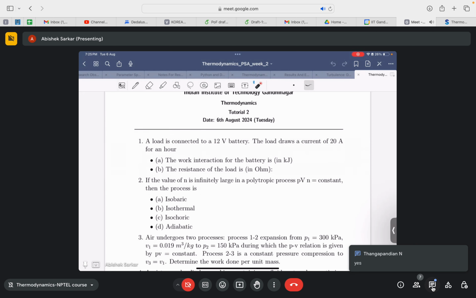It's very simple again. A load is connected to a 12-volt battery and the load draws a current of 20 amperes an hour. What is the work interaction for the battery in kilojoules?